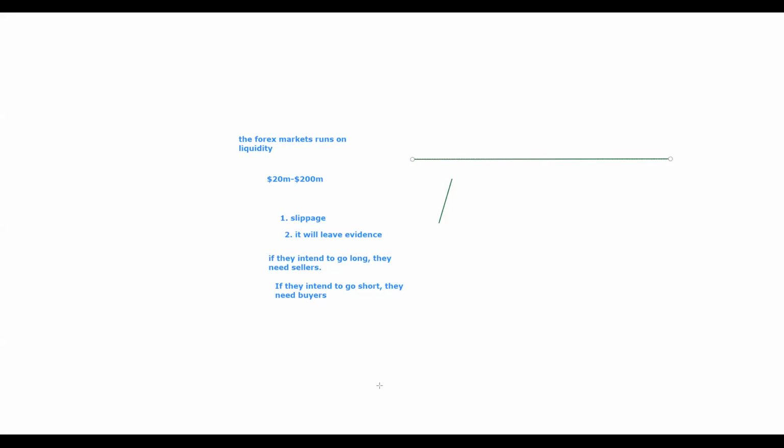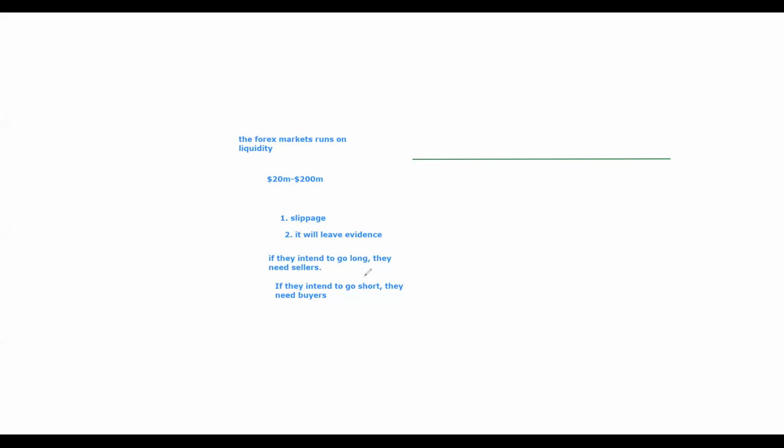Then, let's say there's a resistance level here. And they intend to go, remember what I said, if they want to go short, they need buyers.